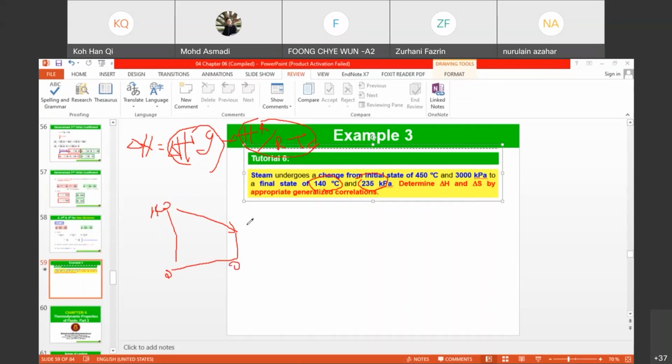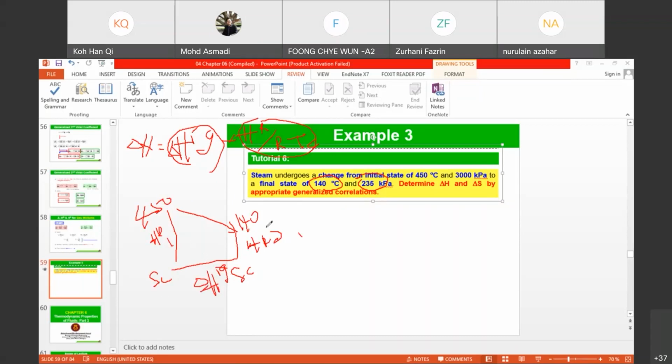Standard condition at 450. And then this one is 140. So this one has HR1, HR2, delta HIG. This is the hypothetical path.